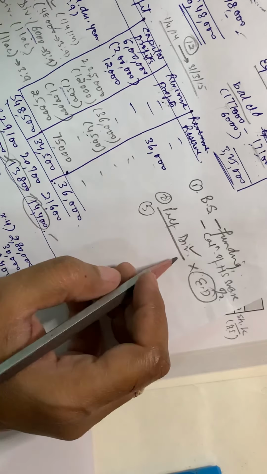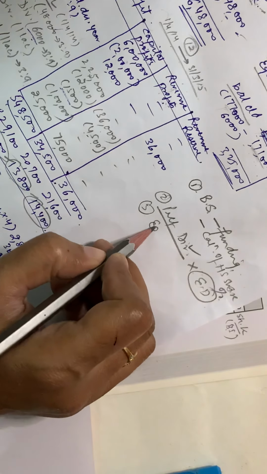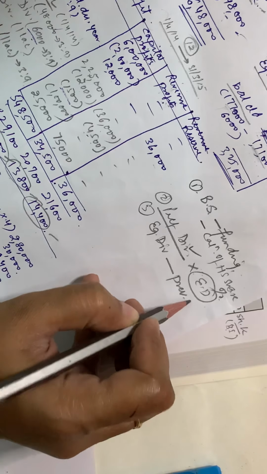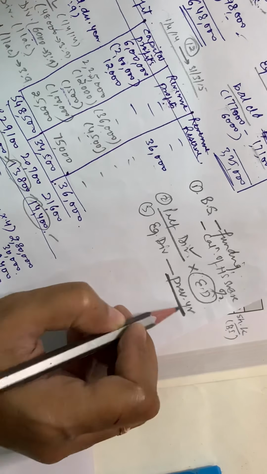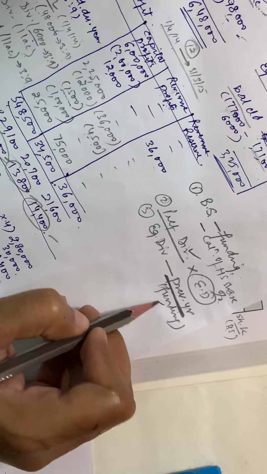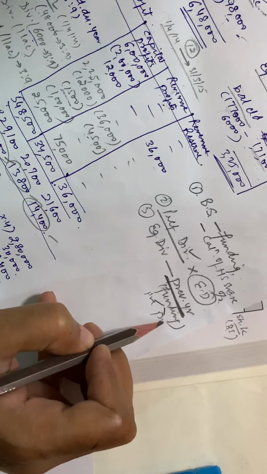Thirdly, you have to understand that this is equity dividend for the previous year, and when you say previous year, this is a hint about funding, so that you can understand how much is from pre and how much is from post.